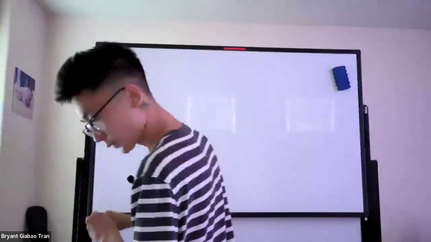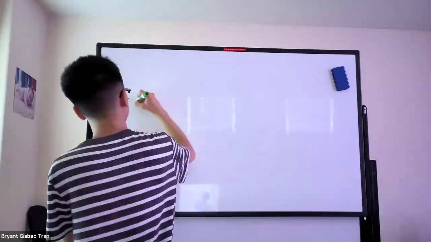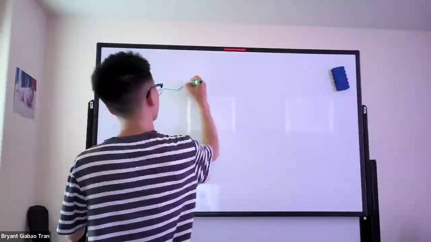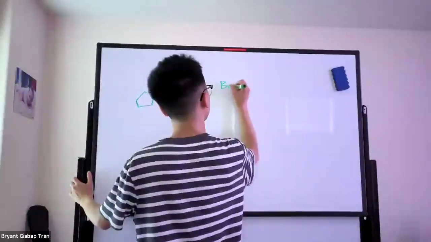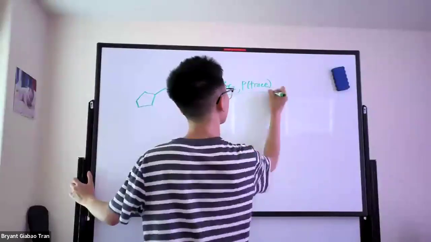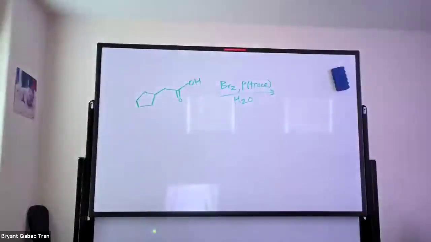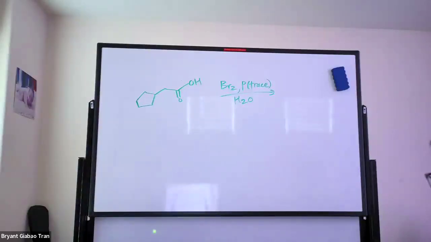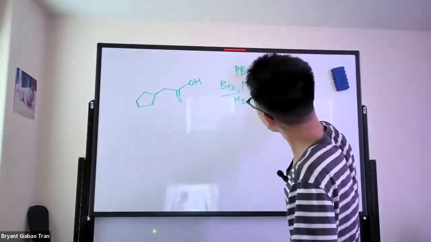Okay, let's do this predictive products reaction. What is P trace? P trace is trace of phosphorus or trace of PBr3.